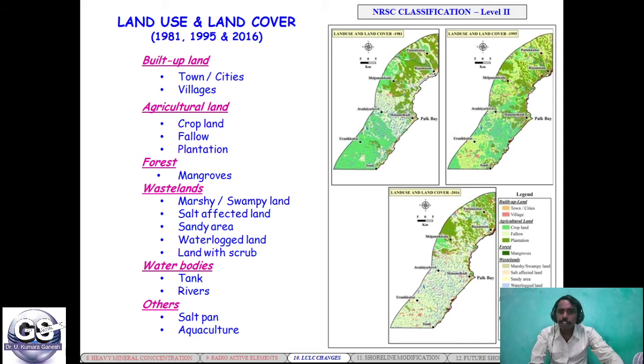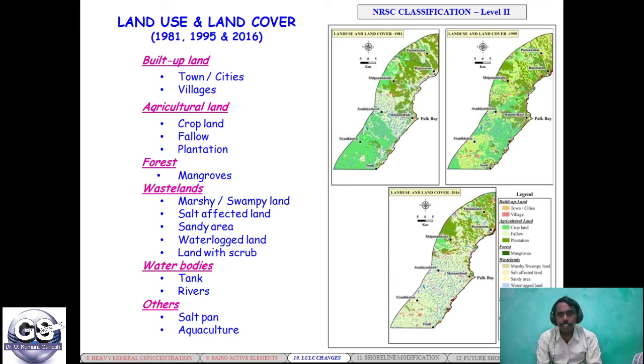If I were preparing level 3, the cropland would have to be further classified into three categories with reference to seasonal cultivated lands, that is Kharif, Rabi and double cropped. But in this study, I completed the land use land cover mapping in NRSC level 2 classification.